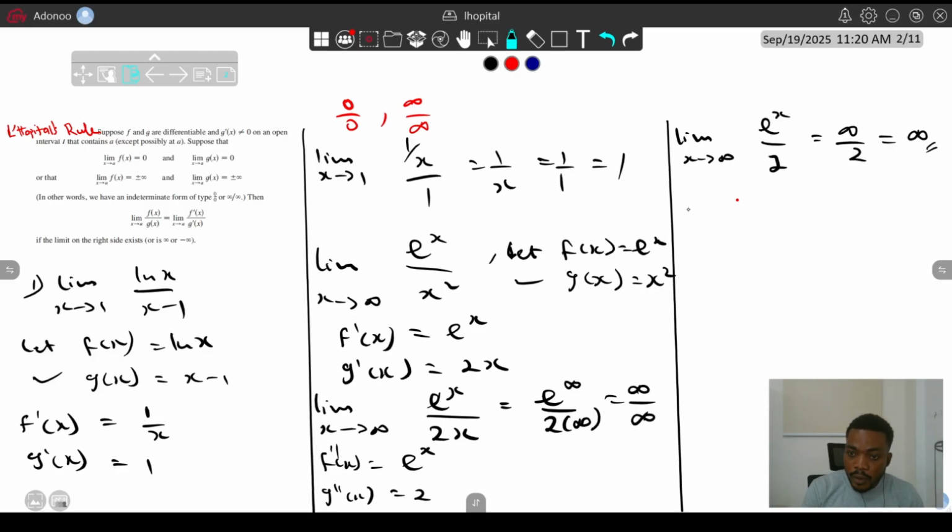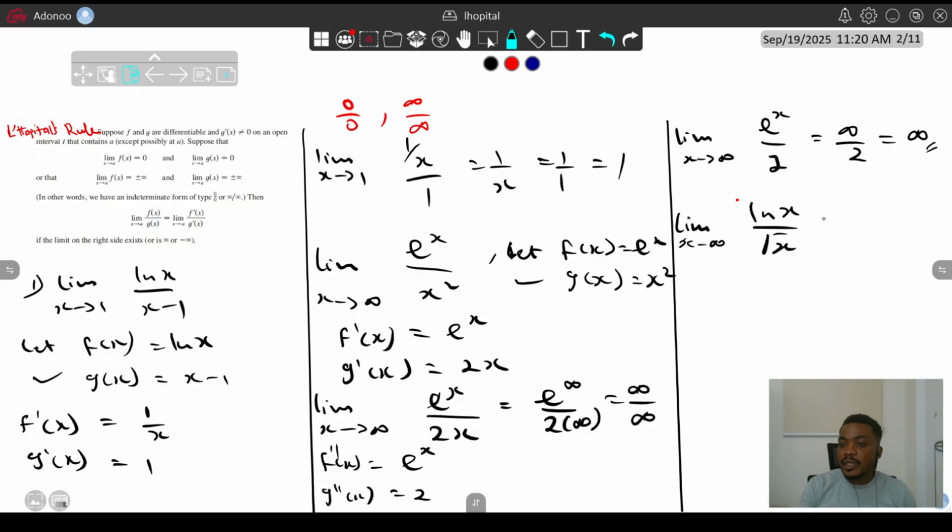So we have limit as x approaches infinity of ln x all over square root of x.